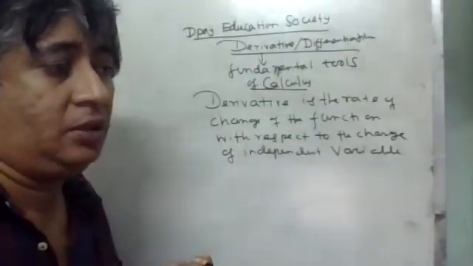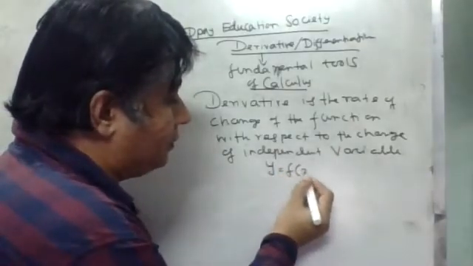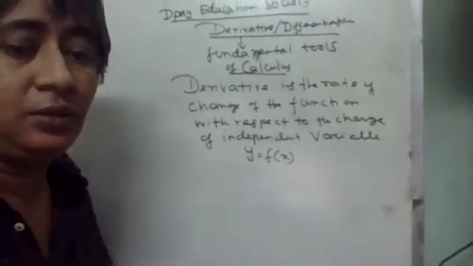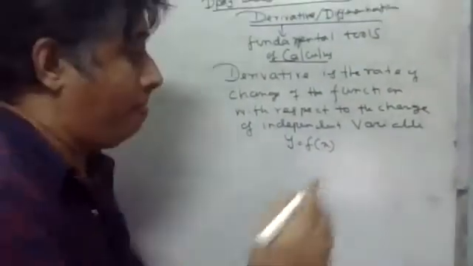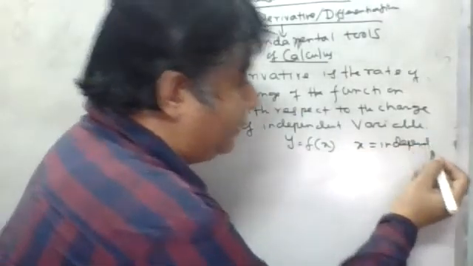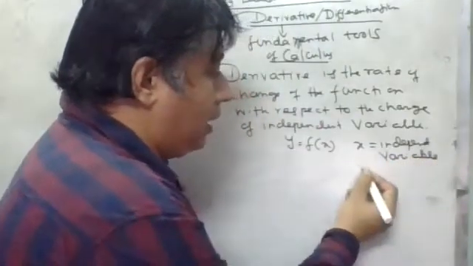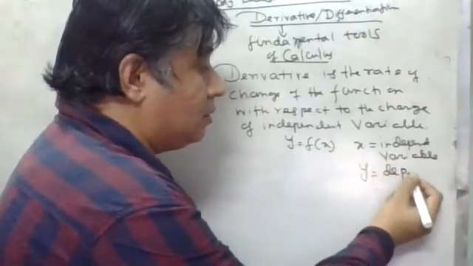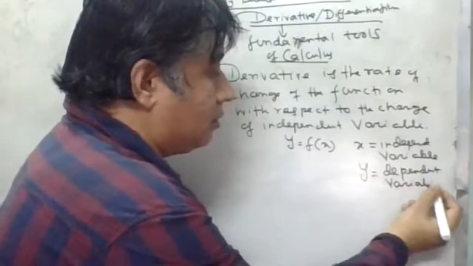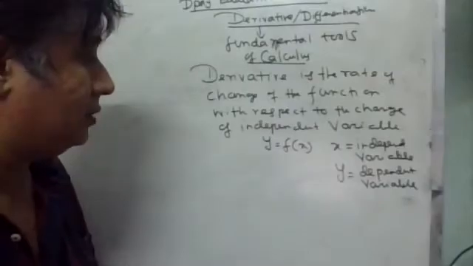So let us recollect what we are taught in function, that y is equal to f(x), means y is the function of x. We are taught x is the independent variable and y is the dependent variable.